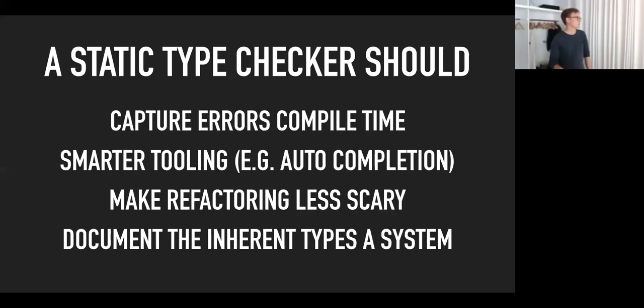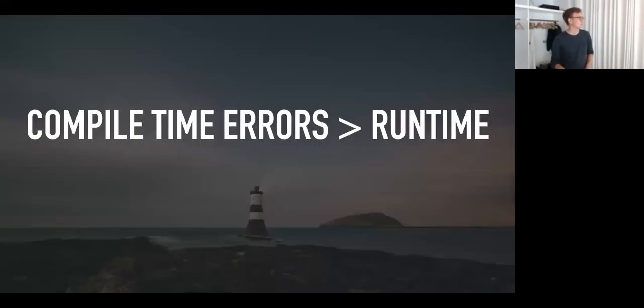That would be nice. And also documenting all the types that you already have in your system, because you have types all over, although it's a dynamic language. So you just start documenting them and saying this is actually a string, or this is an array of users, or whatever. That's kind of what I'm looking for when I'm looking for a type checker. And the big thing here is these compile time errors instead of runtime errors.